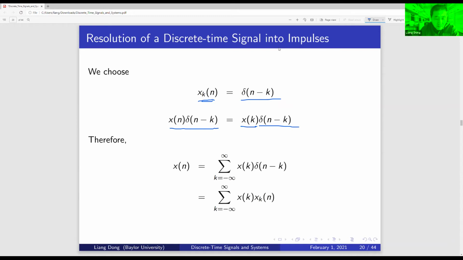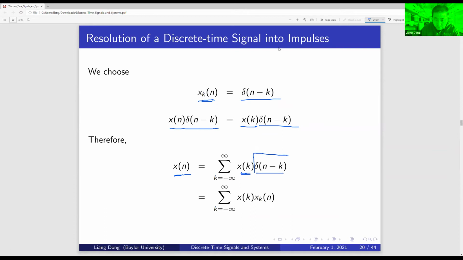Therefore, my input signal x[n] can be decomposed as a sum of these delta functions, centered at different times k. The entire thing can be written in this format: I simply pick up each sample multiplied by delta[n minus k], and sum them together. That's my signal x[n].